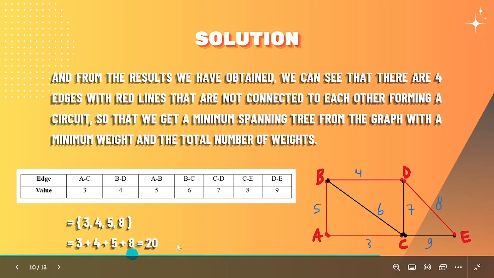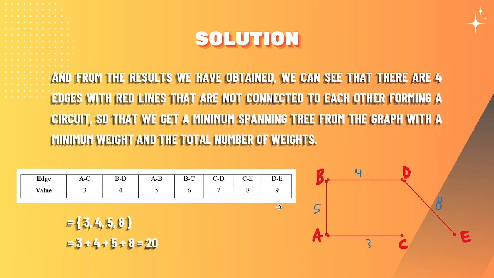So we can conclude that 3 plus 4 plus 5 plus 8 is 20. Like on the graph, we can see like that. And the minimum spanning tree of the graph is like that.